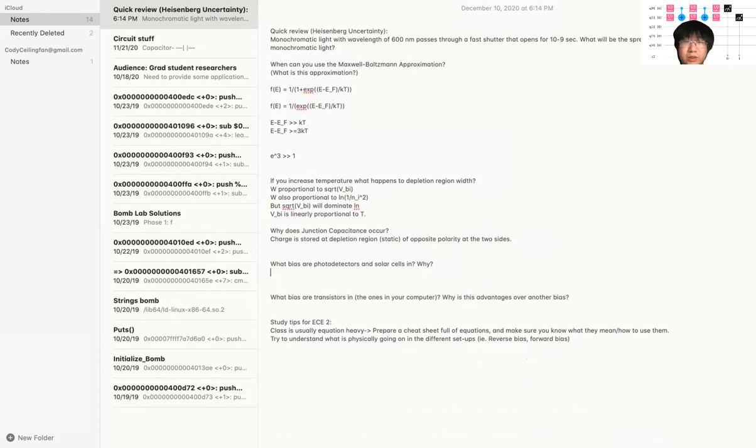And why is that? So they're actually in reverse bias.